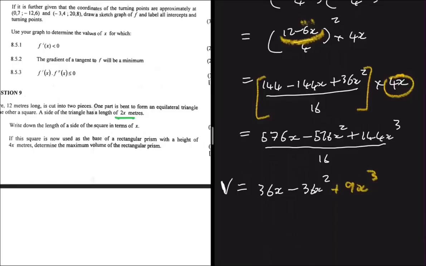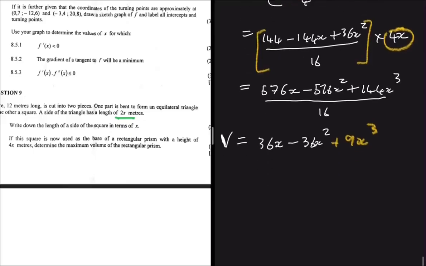So what we need to do now is to differentiate this and equate to 0. If we go ahead and differentiate the volume, let me not start from this side. Let me start from this side. So if we differentiate 36x, we're going to get 36.